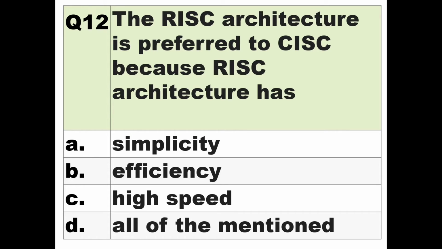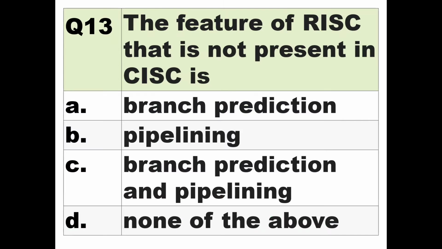That means all three factors are there in RISC as compared to CISC. So here the option should be D, all of the mentioned. Simplicity, efficiency, and high speed are advantageous in RISC as compared to CISC. Clear? Then we'll go to the next question, question number 13.